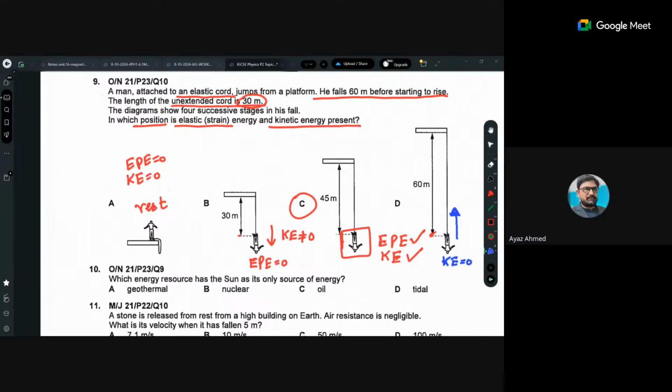Imagine the bungee jumper: he will jump and go down and down, and then the elastic cord will start stretching. That is point C. Finally, when the elastic cord is fully stretched, it would stop for a while and then move back. Oh, okay, yeah, got it. Got it?